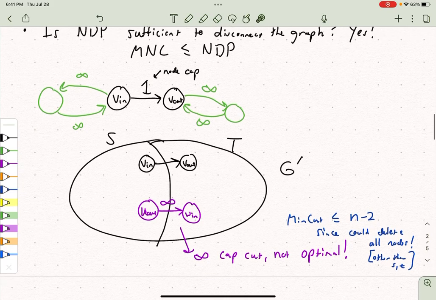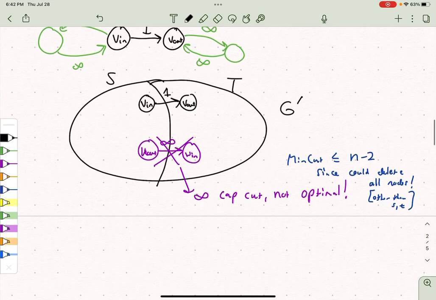Okay, so we know that these types of edges can't happen because they're not optimal. So these are always edges from a V in to a V out. So really what this turns into is the capacity of the cut, because there's a single edge from V in to V out, and there's no other edges, right?